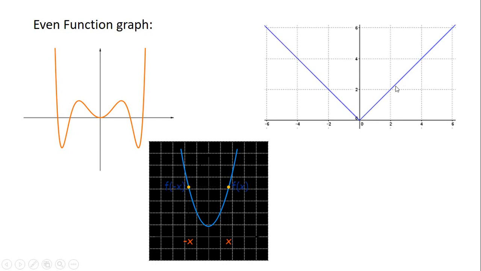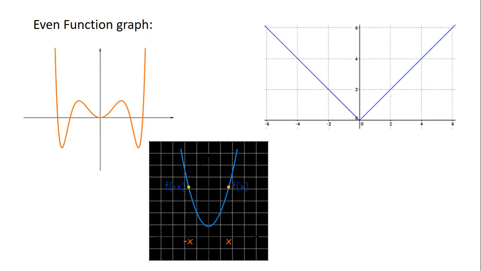You can see this point. We have x value 2, y value 2. But here we see x value is minus 2 and y value is 2. This is an even function. Here we have the x, y point, but at this point we have the minus x, y point.